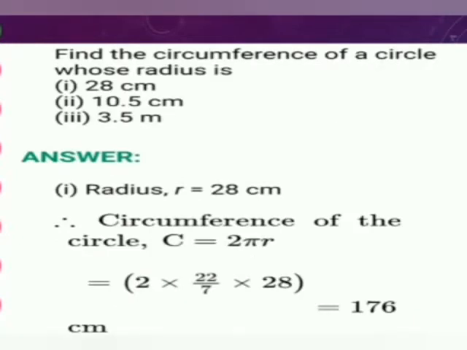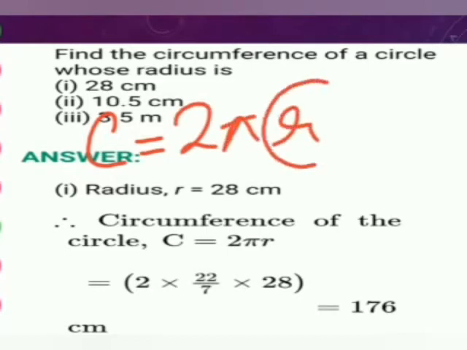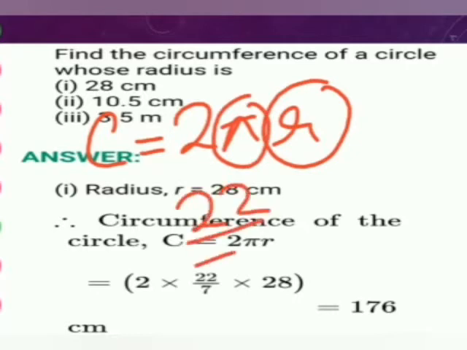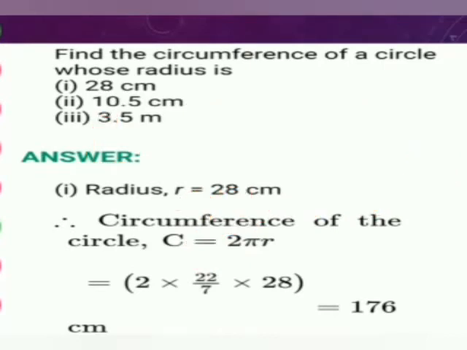Find the circumference of a circle whose radius is given. You all know the formula of circumference. Circumference is equal to 2πr, where r is the radius and π is a constant whose value is 22 upon 7 or 3.14. According to the question, we use the values here. So circumference will be equal to 2πr.